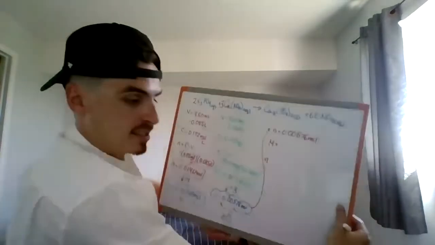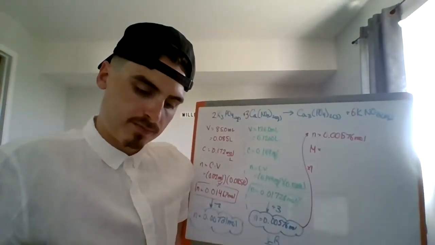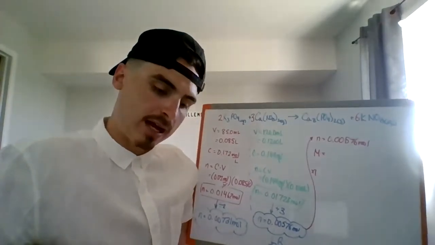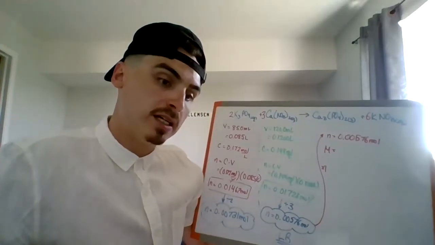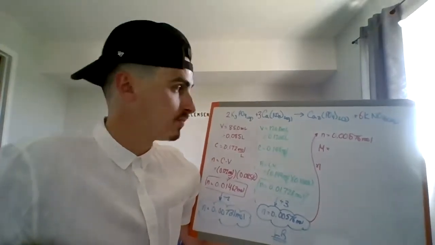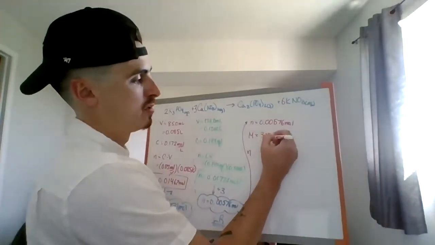There are 3 calciums. Calcium is 40.08. There are 8 oxygens, so 16 times 8, plus 2 phosphoruses, which will be 30.97 times 2. Okay, 310.18 grams per mole.